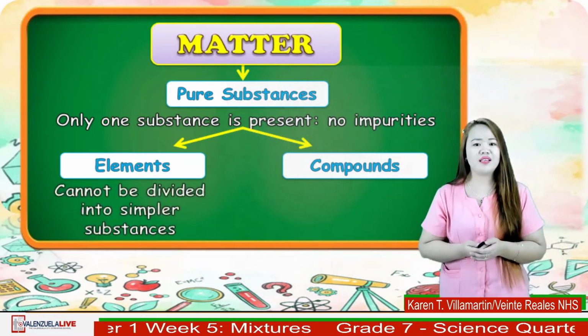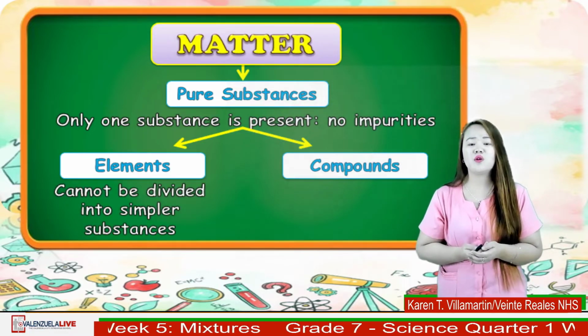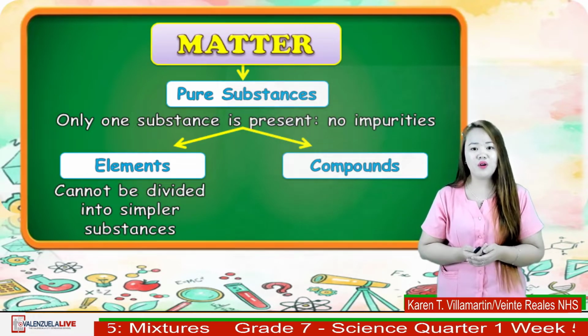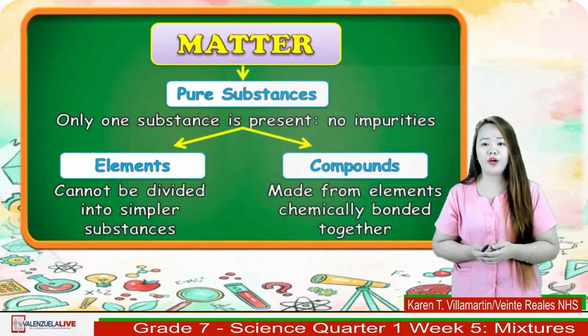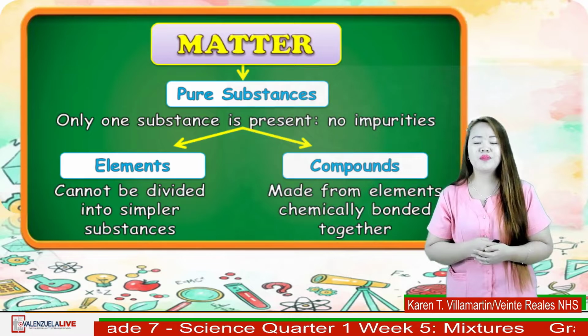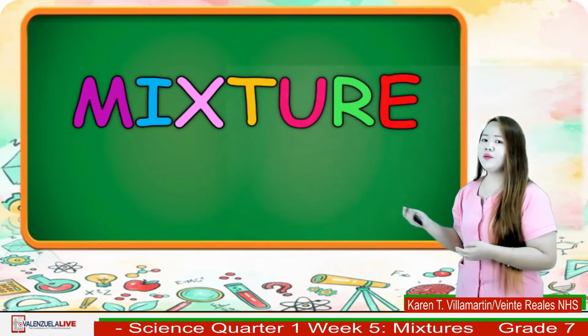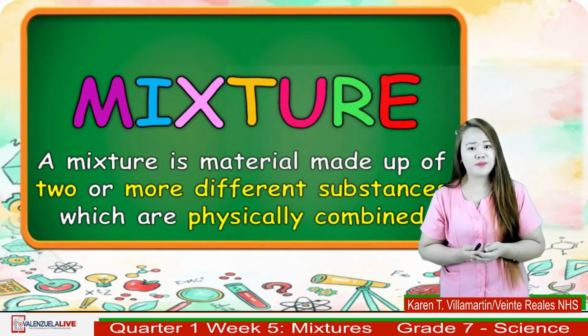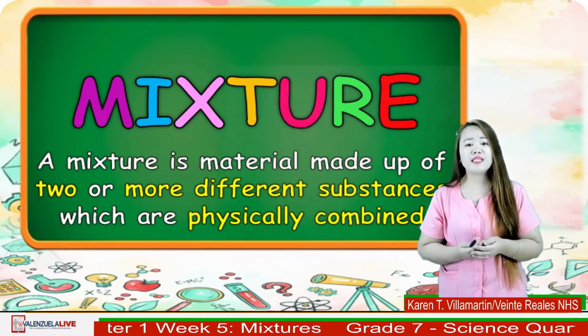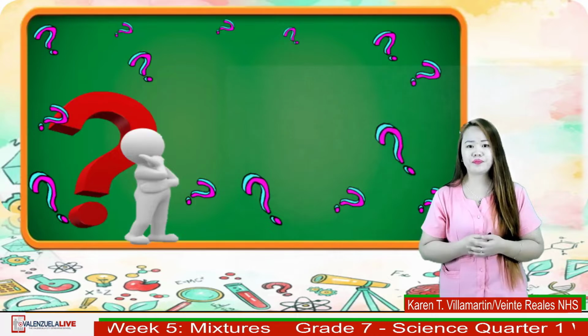An element is a material that consists of a single type of atom, while a compound consists of 2 or more types of elements. While a mixture is a material made up of two or more different substances, which are physically combined.